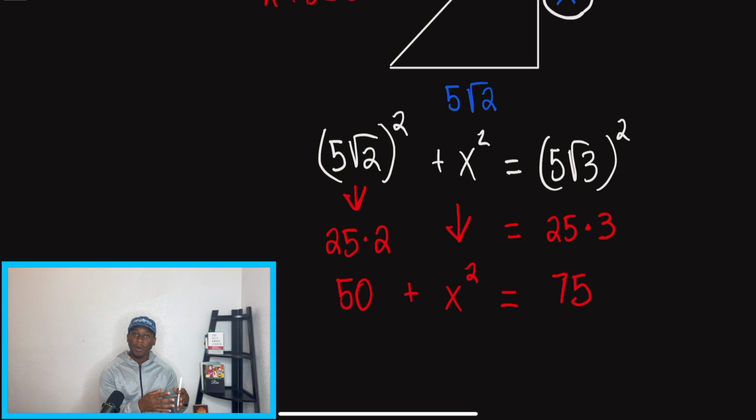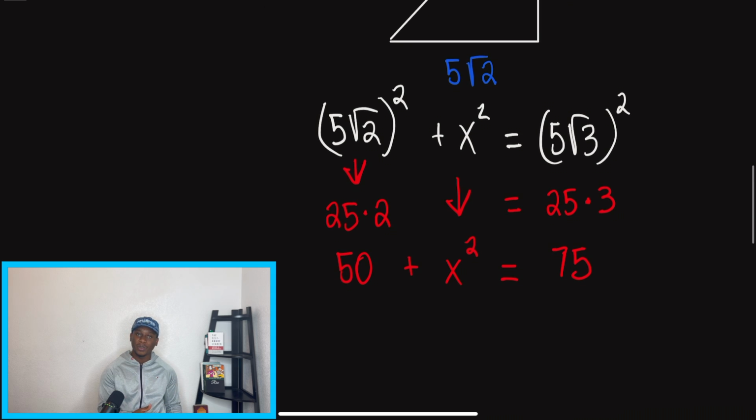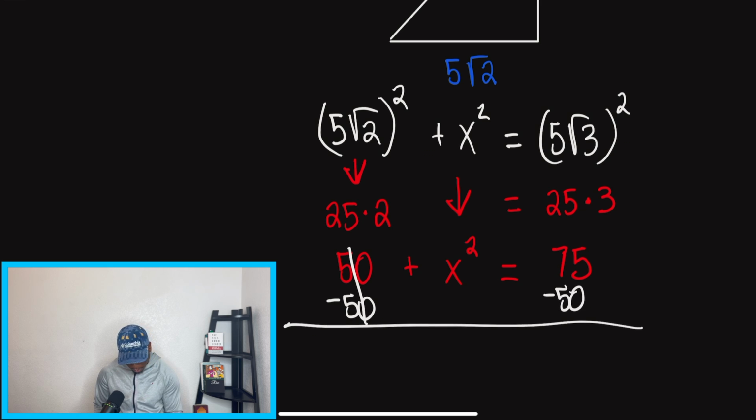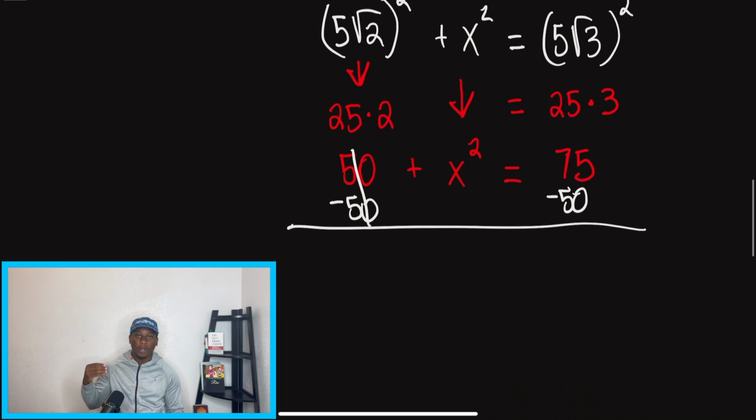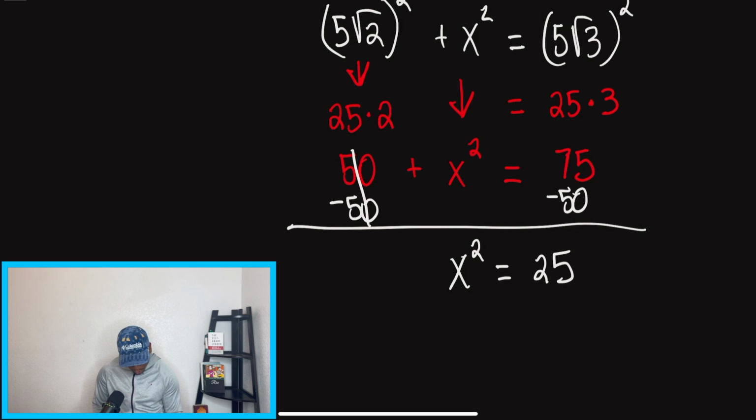At this step, guys, what we have to do is solve like a regular equation. So I'm going to combine my like terms. We're going to subtract 50 from itself and from 75 so that we can get that x squared term by itself. Once we do this, our answer should be x squared is equal to 25.